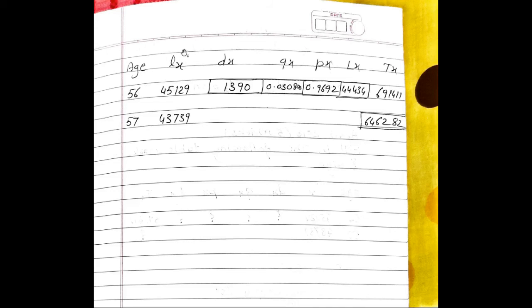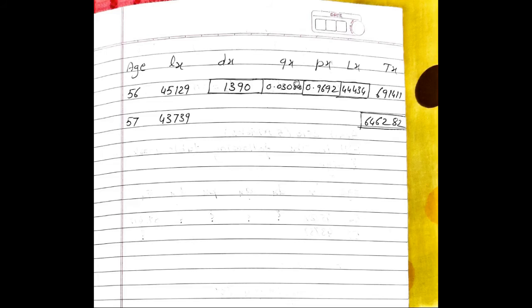So the table can be rewritten as age 56, 57. Lx values have already been given: 45,129, and for age 57 the Lx value is 43,739. The values which we have calculated: D56 is 1,390, Q56 is 0.030800, and P56 is 0.9692.